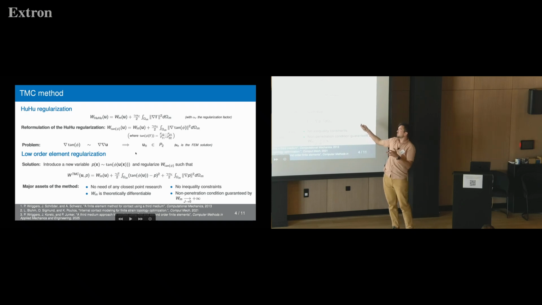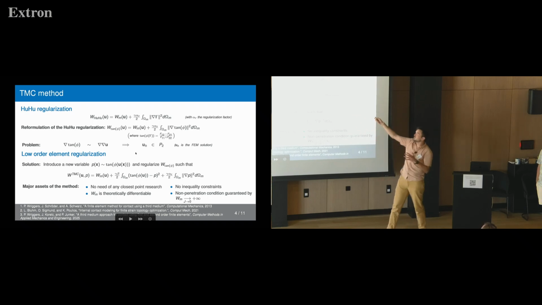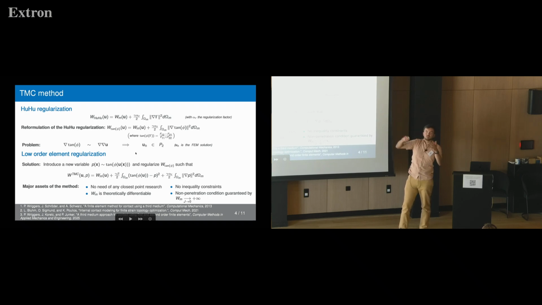The one on top was the first regularization, and I guess the differentiation problem was due to the deformation gradient, and so we needed to regularize this term, of course.